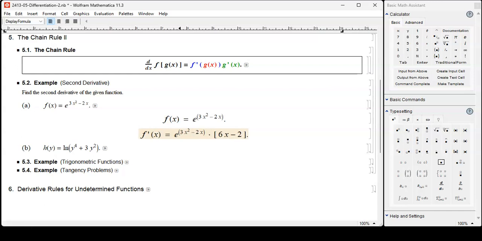Now, if this is the end of the problem, then you can stop here. But if you want to take the derivative once more, then before that, I'd like to have some simplification. 6x minus 2 times exponential, so that a little more complicated part comes to the right hand side.